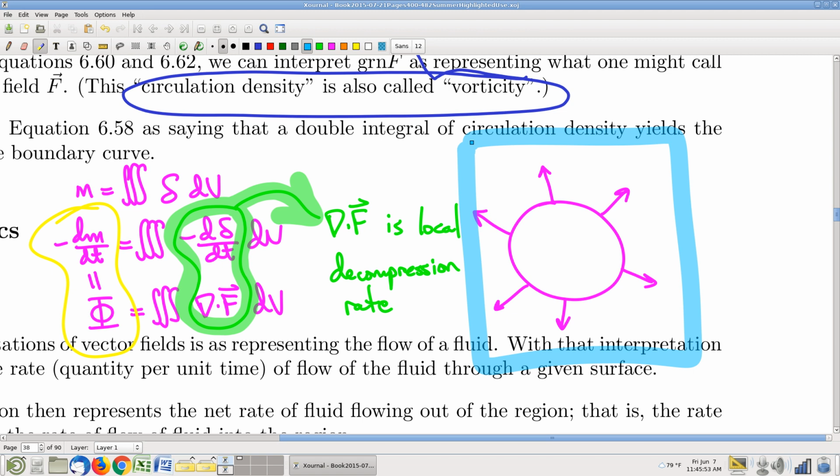Well, if the density's got to be constant, then there must be a water source somehow. I don't know how it's getting in there, but something's generating water. How else could water be uniformly flowing out of this region? So there must be a source in there somewhere.